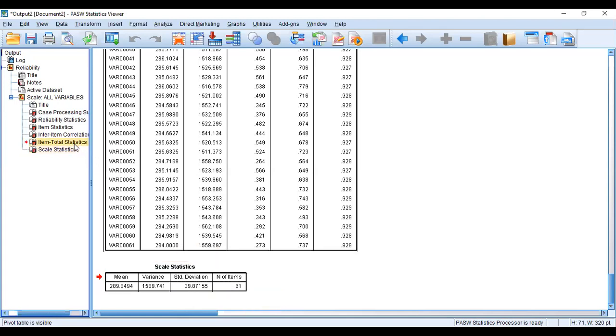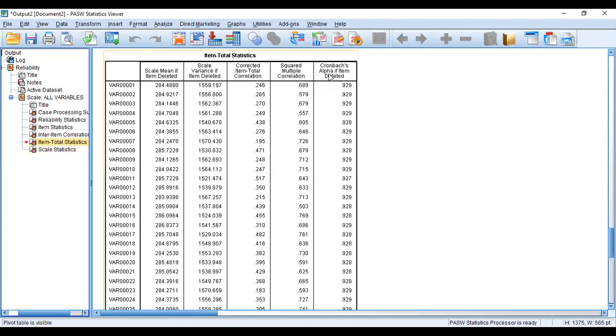We'll go to item-total statistics and we'll see a column of Cronbach alpha if item deleted. That means if we delete any question from the questionnaire, are there any chances of increasing the reliability of the questionnaire? The reliability value which we got in this analysis is 0.929, and if we delete variable one, question one, the reliability value remains 0.929.